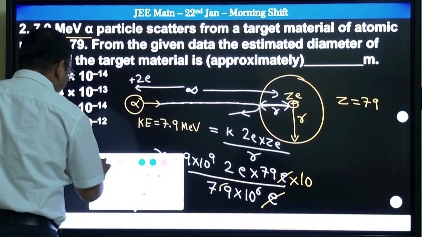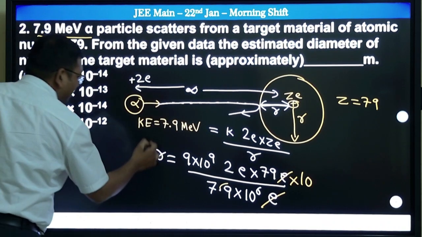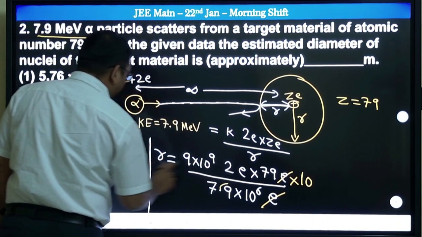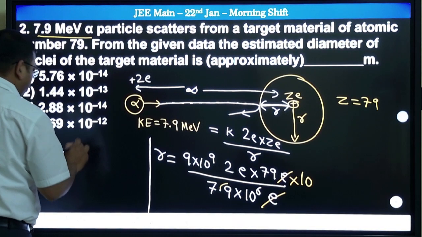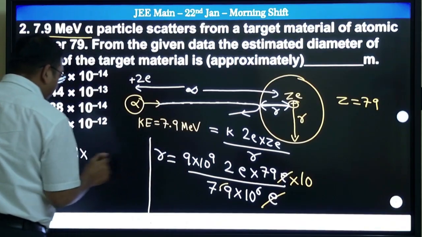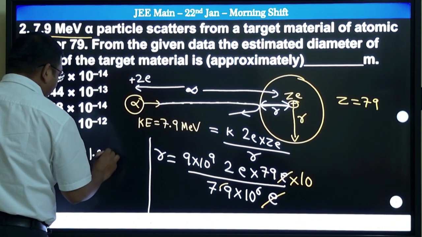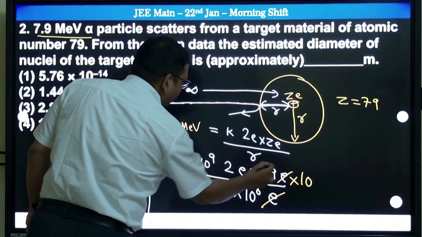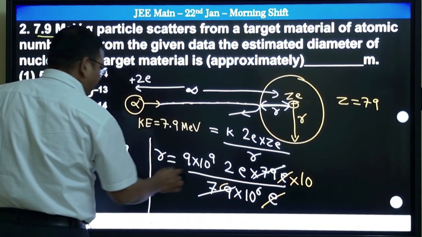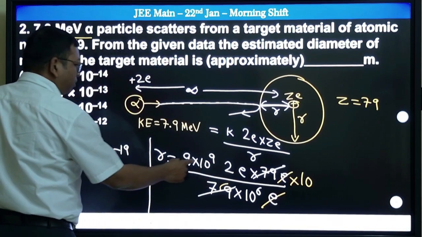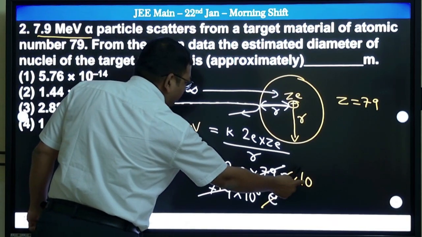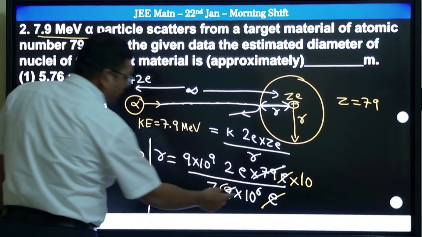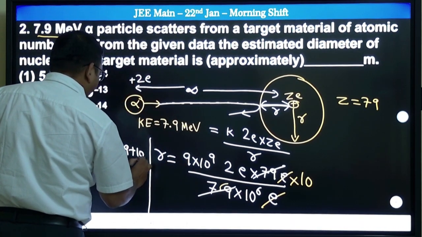So what are we left with? 79 is gone, right? So we are left with 2 into 9, 18, into e. e is also there. e is how much? 1.6 into 10 to the power minus 19, right? That is e. So this 79 I am cancelling here, right? Then what else is remaining? 10 to the power 9 is there, also 10 power 1 is extra there, 10 to the power 10, so plus 10, add powers, and here this plus 6 power will go here, it will become minus 6.